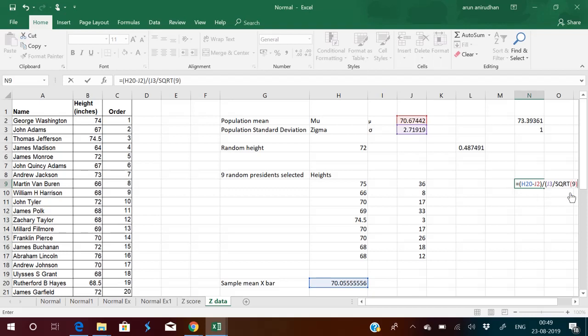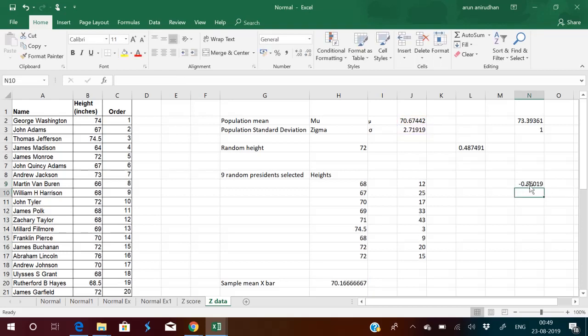Okay, so when you took this entire population, why it came negative? This is 70.1 and 70.6, so it will be to the left side. Hope it is clear to you.